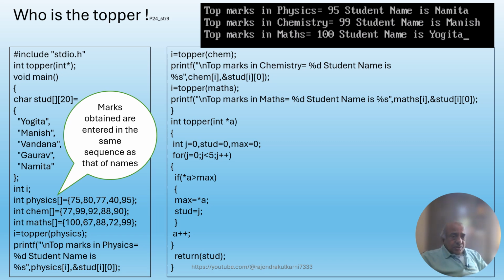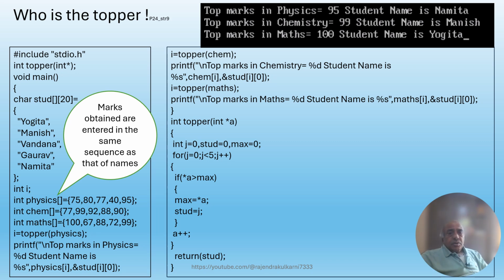And since these elements of the array are assigned in the same sequence as the names of students appear in the 2D array char stud, that element represents also the name of the student who has obtained the maximum marks out of all the 5 in each subject.